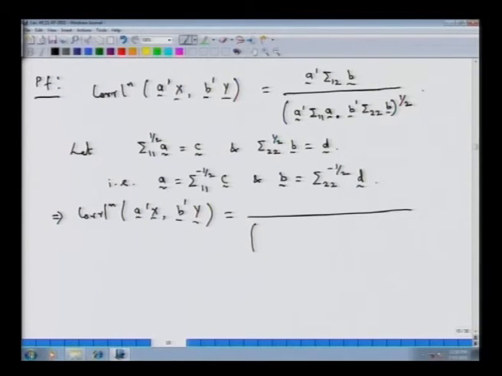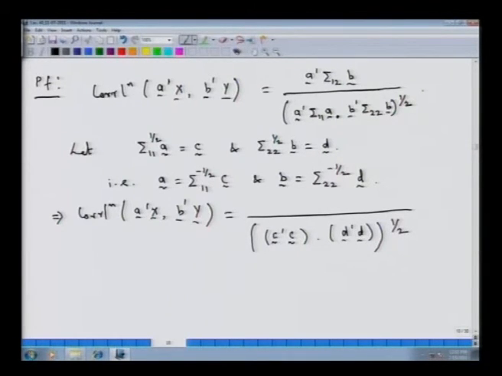Since sigma 1 1 half A is equal to C, C prime is A prime sigma 1 1 to the power half, so the first term is just C prime C.